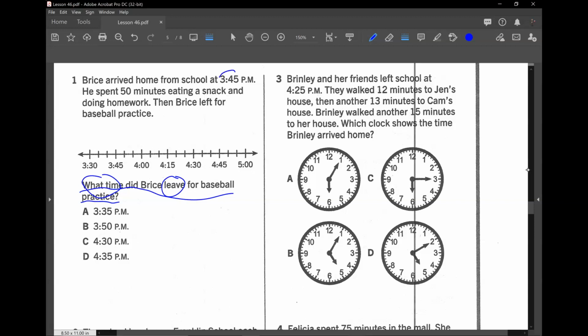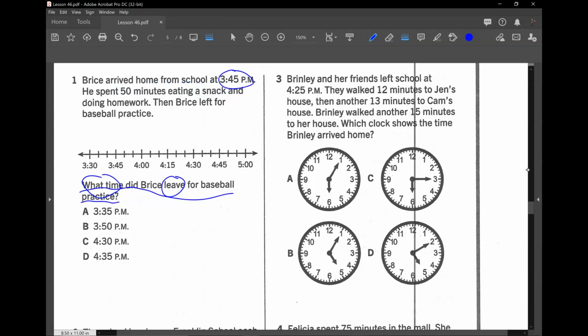Bryce arrived home from school at 3:45. Spent 50 minutes eating a snack. So, we need to find 3:45 on the number line here. 3:45 is right here.